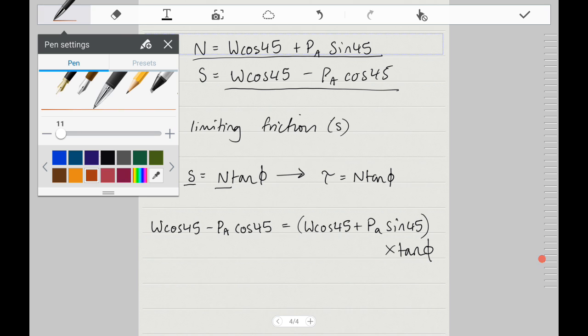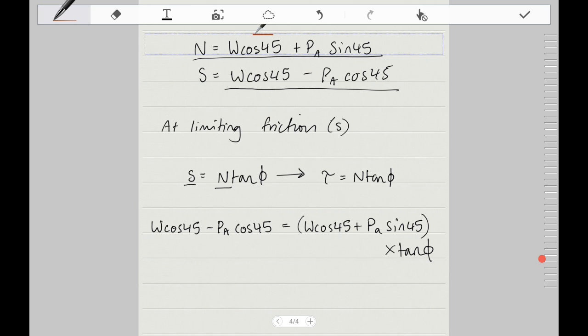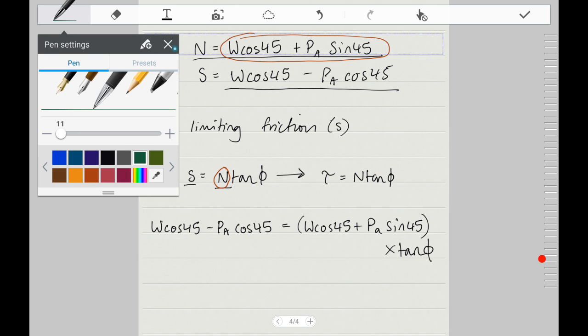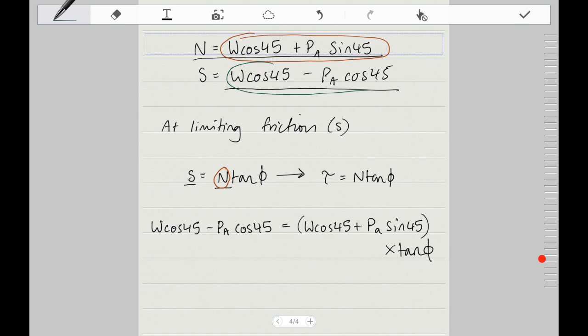So in terms of substitutions, this goes into this, and this goes into this, and we end up with that equation at the end.